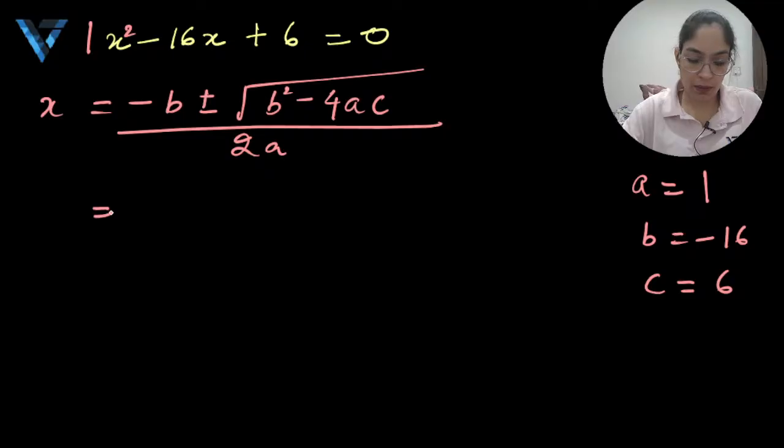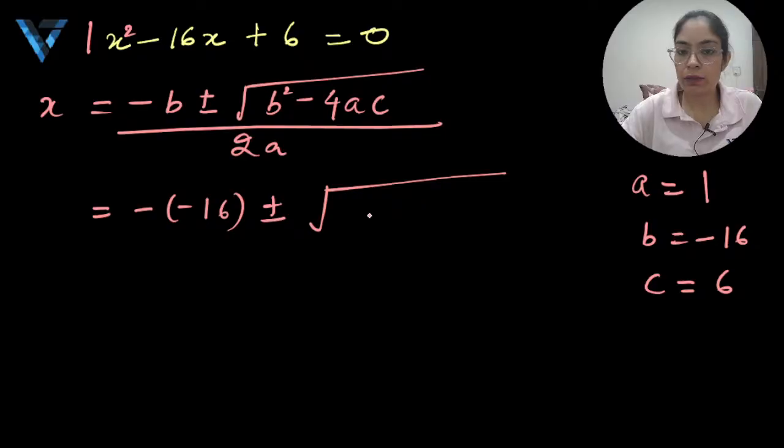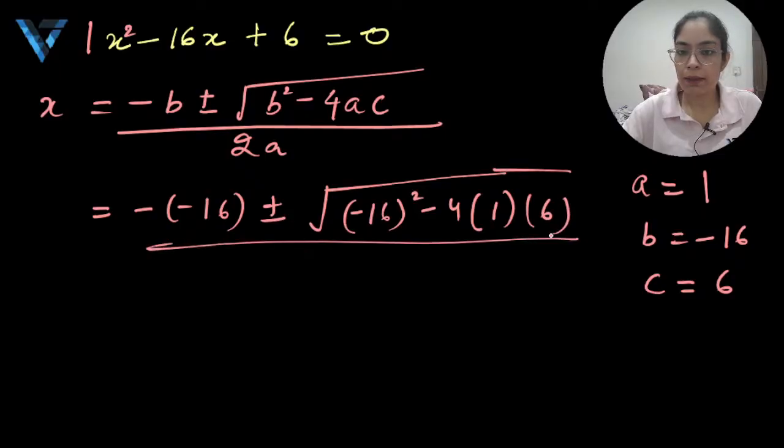We can just substitute now: a is 1, b is minus 16, c is 6. So minus of minus 16 plus minus square root of minus 16 the whole square minus 4 into 1 into 6, by 2 into 1.